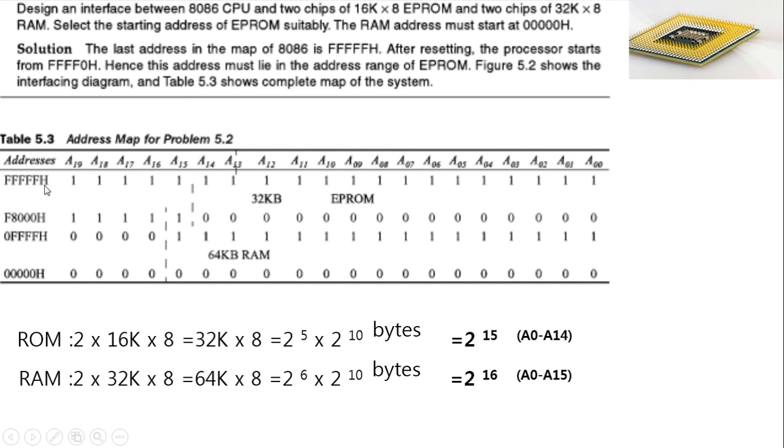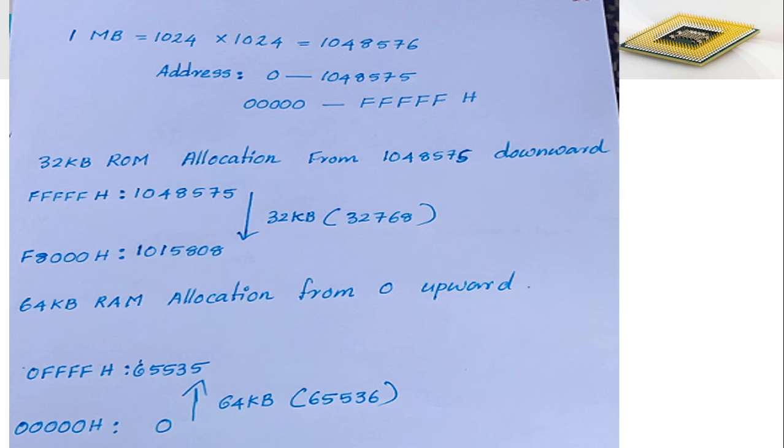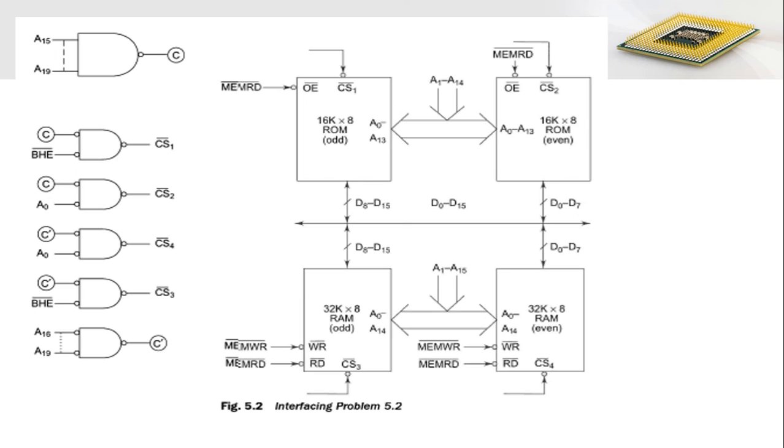Clear? So in such a situation, if the memories are not continuous, then we can use a simple circuit for selecting chips. We can simply use gates, a simple combinational circuit, for generating the chip selection signals.